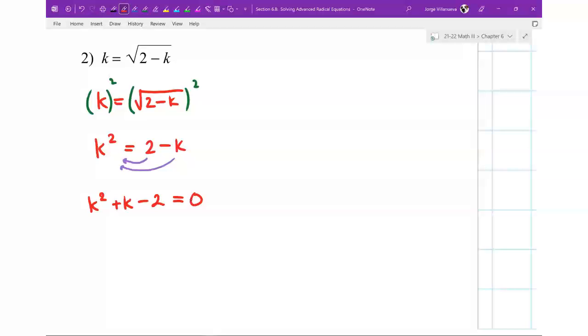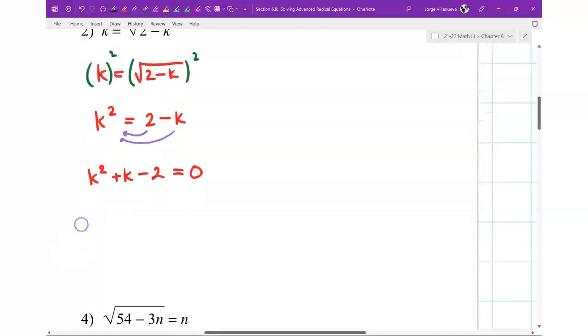Now you can see there's a trinomial there. So I'm going to have to use the x method. Let's figure out my factors. On the very top, remember it's your a, b, and c values, right? A is 1, b is 1, c is negative 2. So a times c goes on top, that's negative 2, and 1 goes on the bottom.